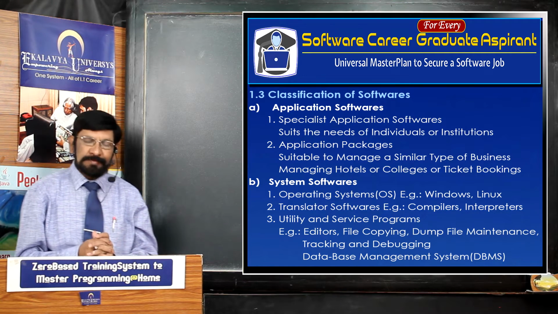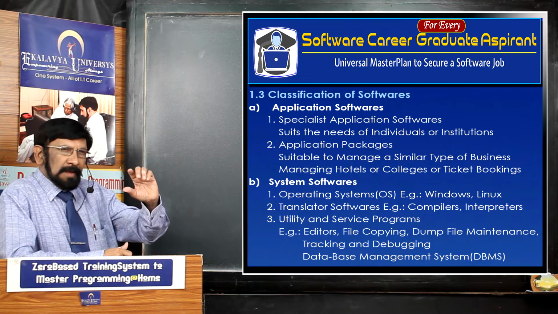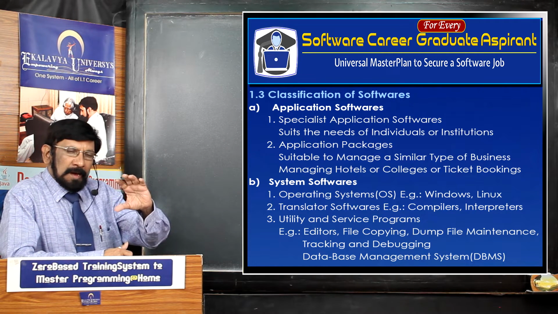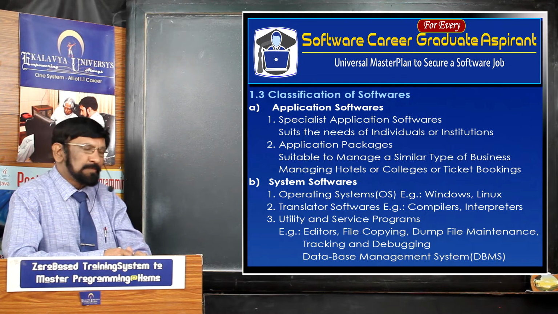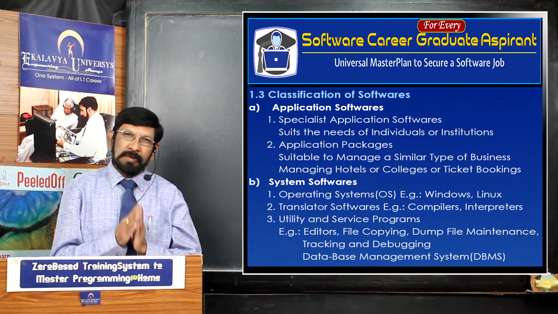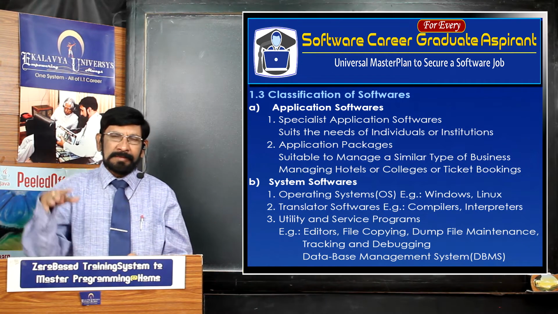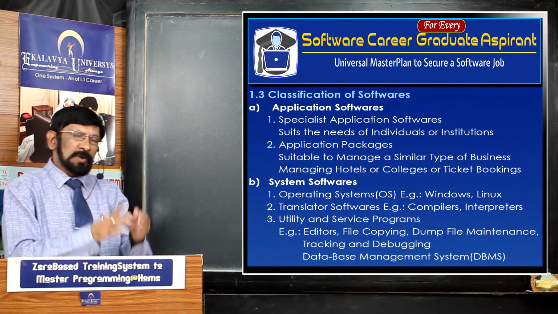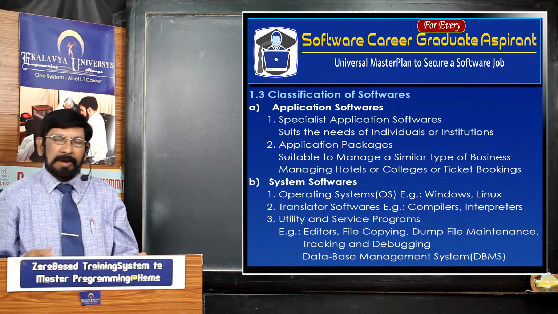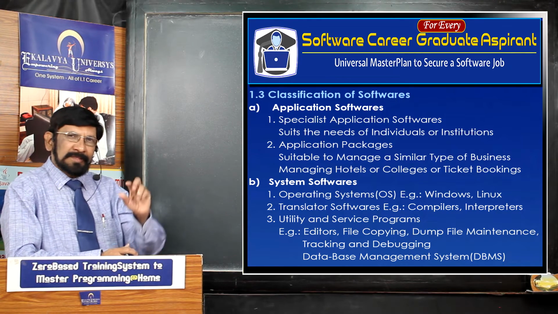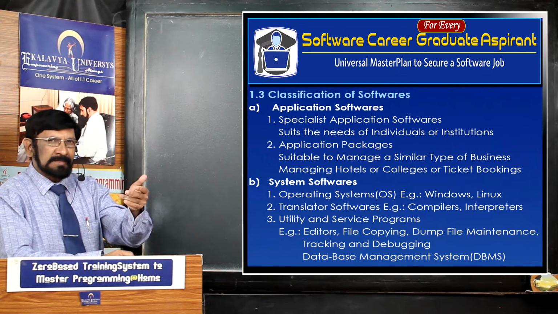Second one is application packages. Application packages means these are software which are useful for the same type of businesses. Suppose hotel management software. For running any hotel, the software is useful. Some hotels may have one branch, some hotels have multiple branches. For any type of hotel, that software is useful for managing their business.